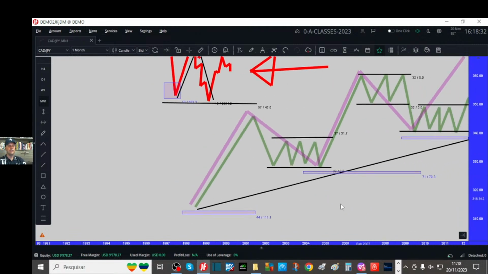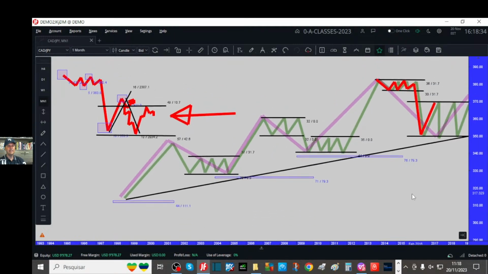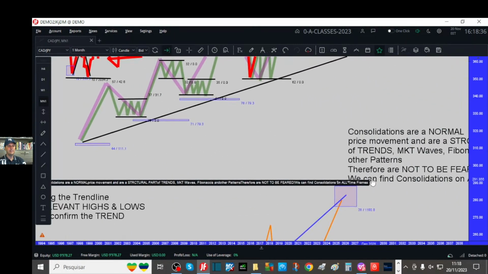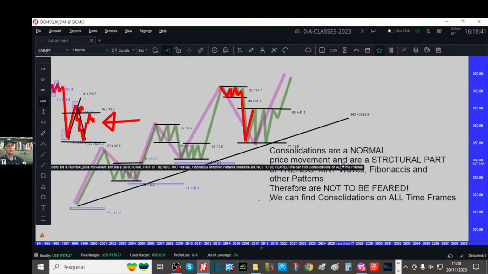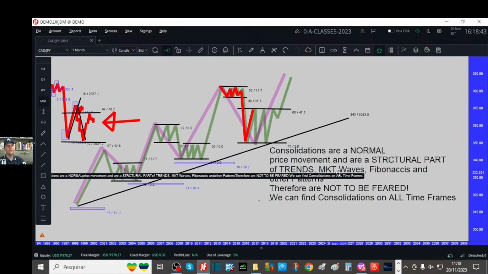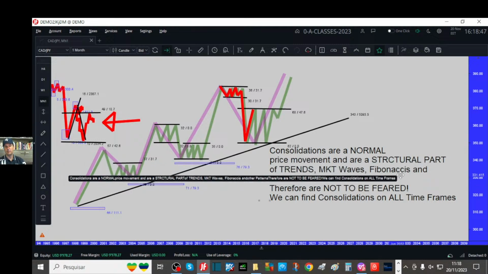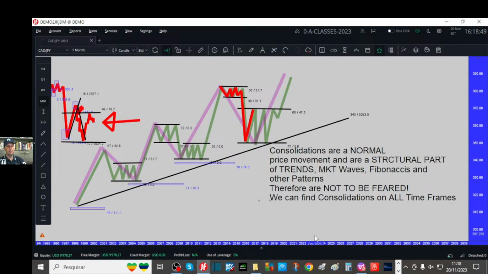But you must still understand, everybody, that trading and being an analyst are two different things, because consolidations are normal price movement and are a structural part of trends, market waves, Fibonacci's too, and other patterns, therefore are not to be feared.